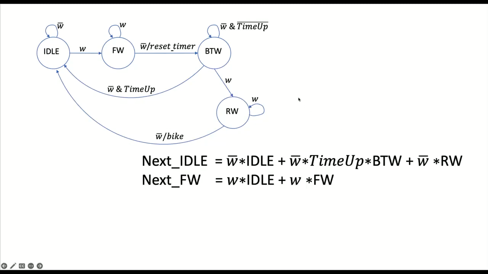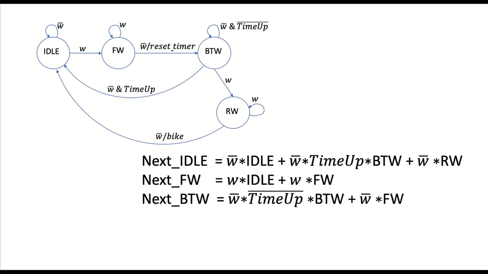Okay, so you can write equations that are true whenever the next state is a particular state. And for front wheel, the next state will be front wheel if you're in idle and you get W, or if you're in front wheel and you get W. Okay, so everybody understand how we're getting these? Speak now. Okay, I'll just put the other ones up for you.